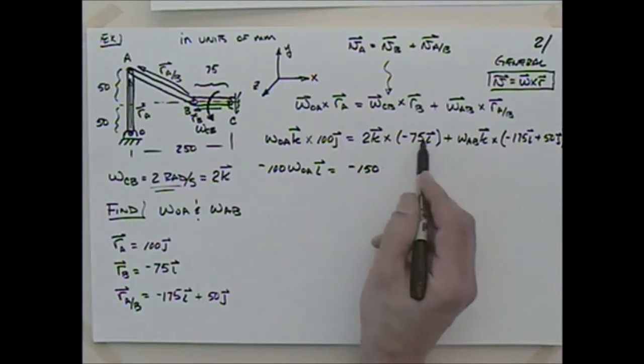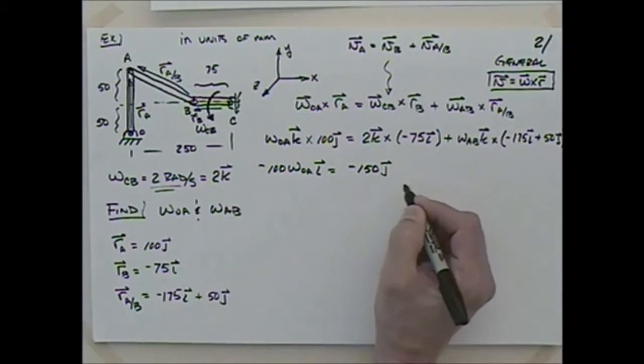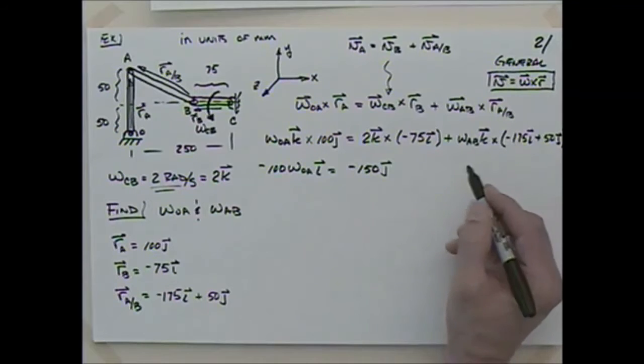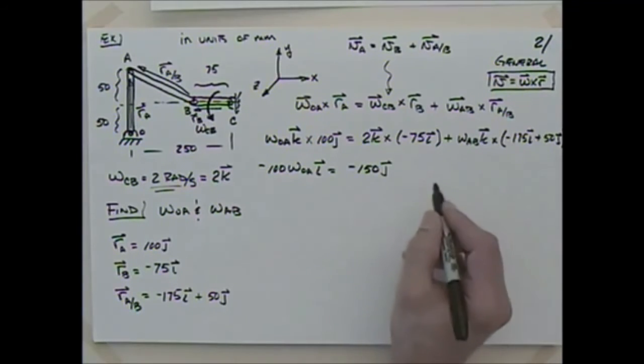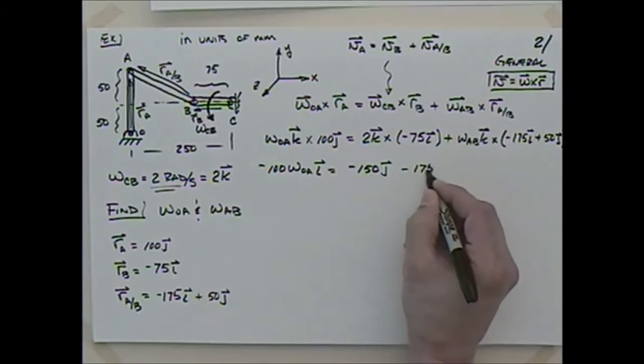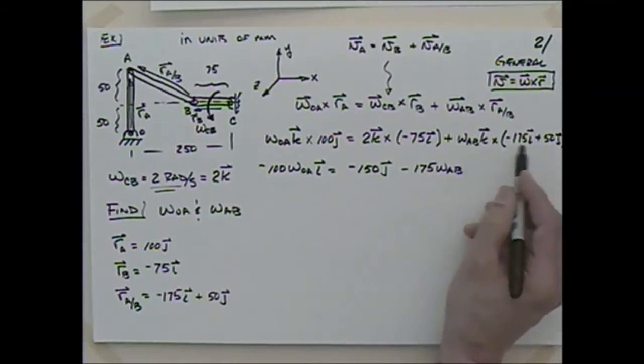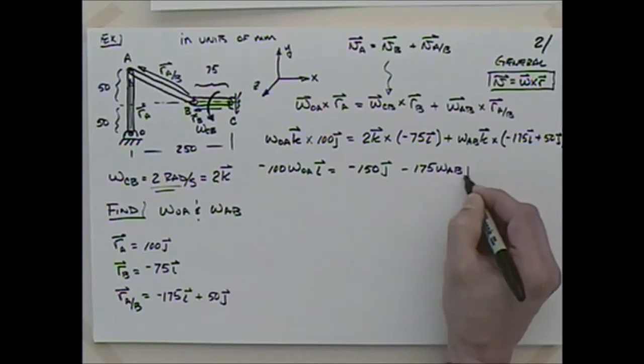And then what's K crossed with I? J, positive J. And then I'm going to have omega AB, K crossed with 175. So I'll have minus 175 omega AB, what's K crossed with I? J.